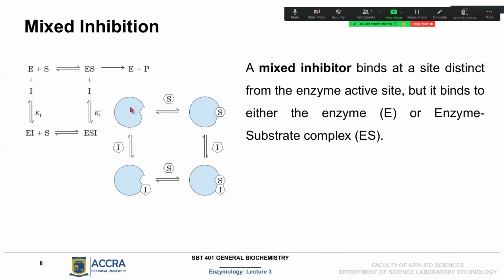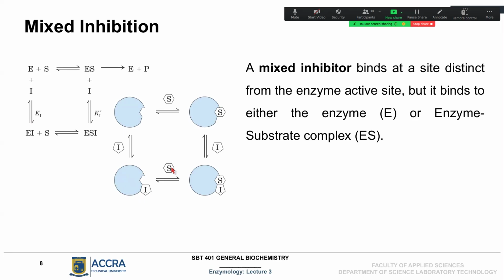But there can be a second path where you have not the substrate binding to the active site first, but you have the inhibitor, which binds to that allosteric site first to give you an enzyme inhibitor complex. And once the inhibitor binds to that enzyme to give you the enzyme inhibitor complex, of course, the enzyme is already being inhibited.